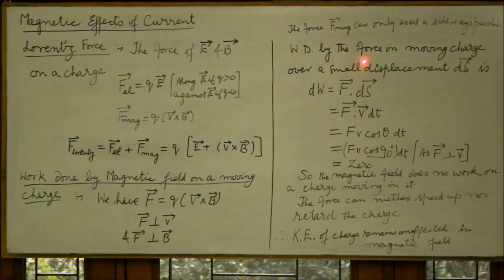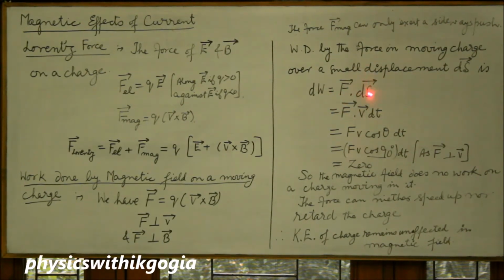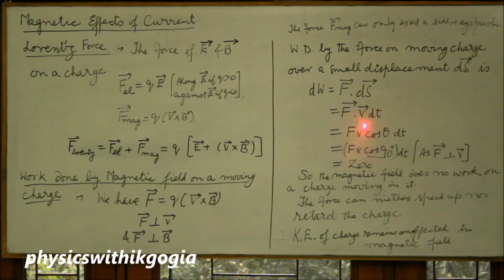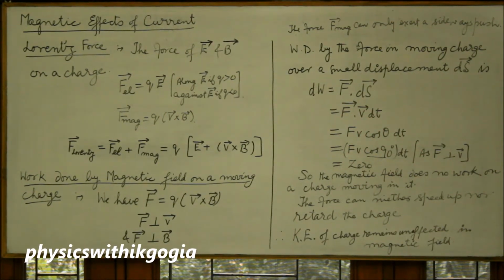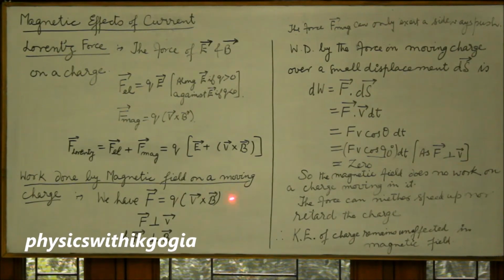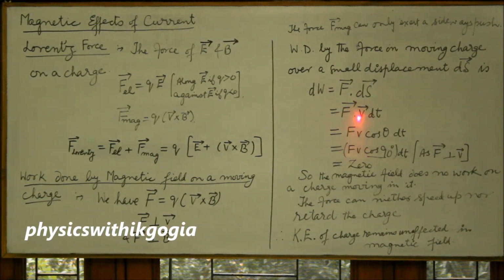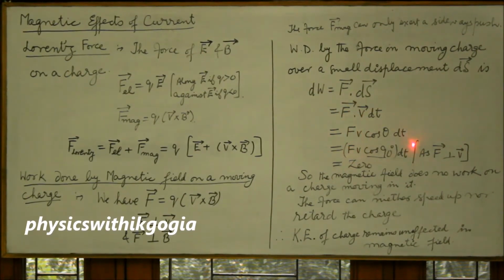Work done by the force on a moving charge over a small displacement ds is given by dW equal to F dot ds. Now this ds, the displacement, can be written as V dt, where V is the velocity vector. Since F is perpendicular to V, the angle between F and V vectors is 90 degrees.